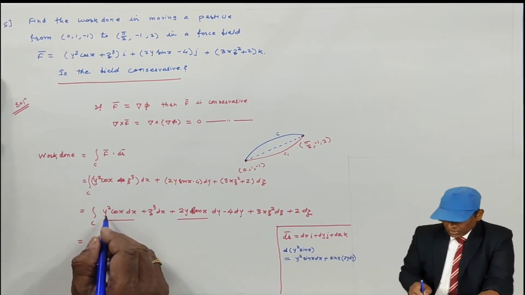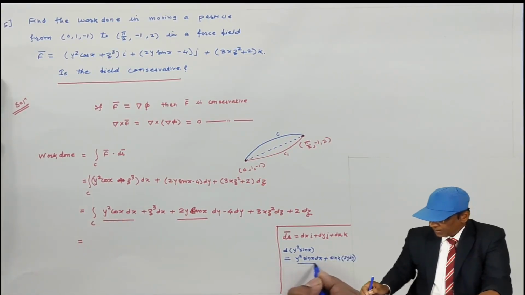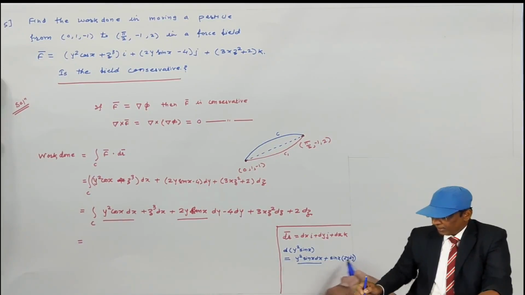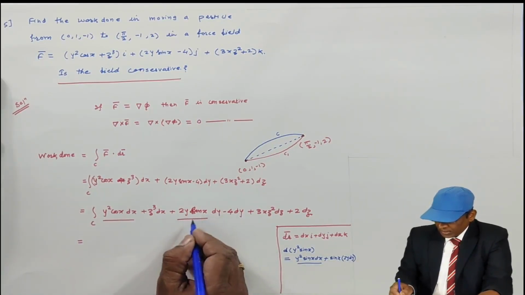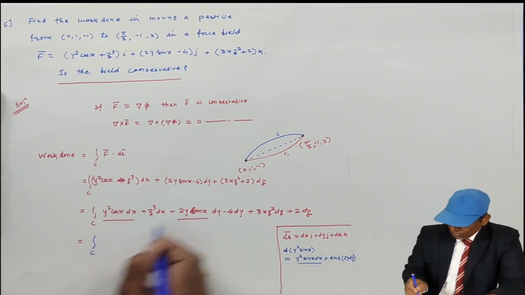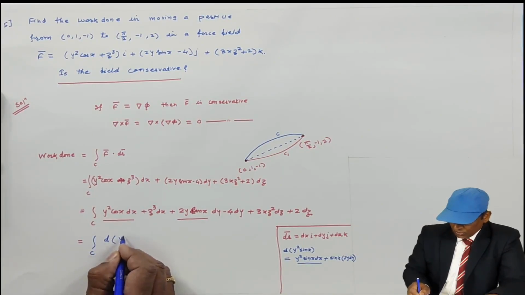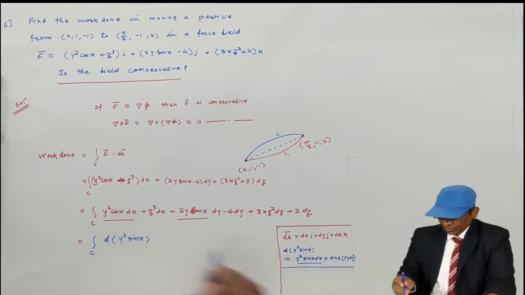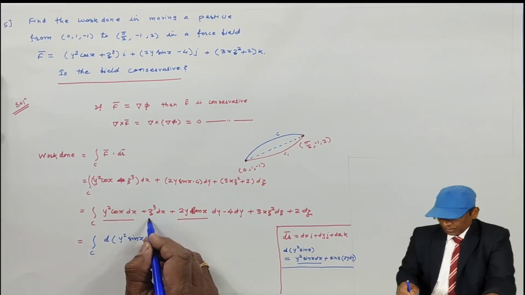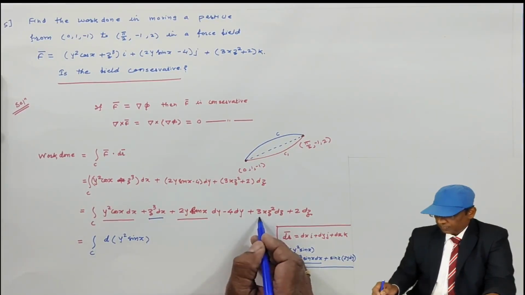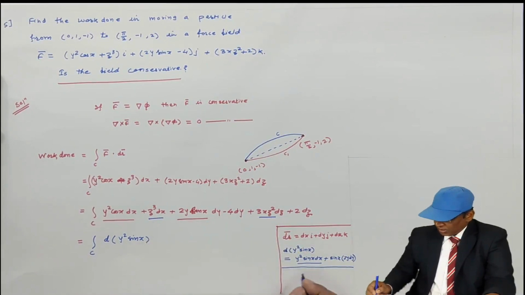Now the y square cos x dx term is there, and the 2y dy sin x term is there. These two terms can be written as the derivative of y square sin x.